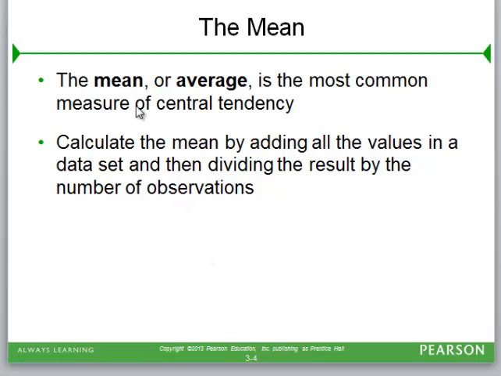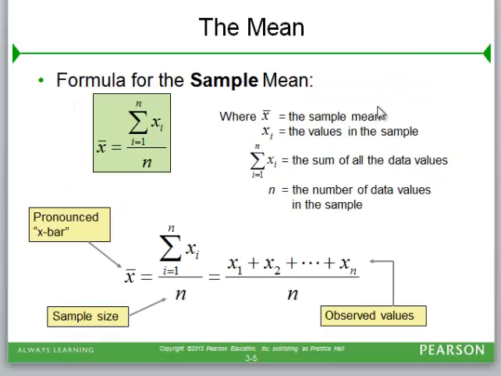First, the mean, or average value, is the most common measure of the central tendency, and we calculate the mean by adding all the values in the data and then dividing the result by the number of observations. Here is the formula for the mean.